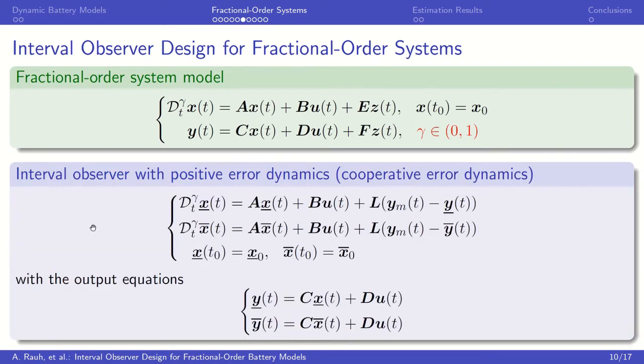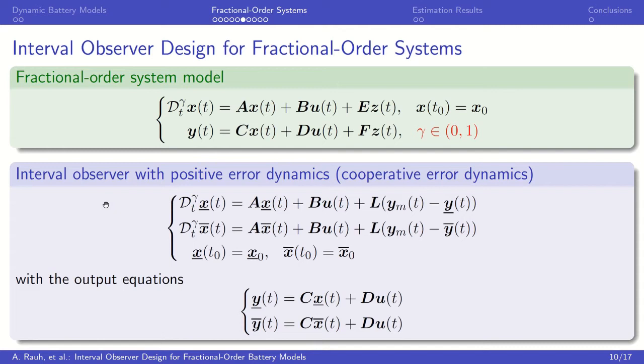However, this classical observer does not directly allow for taking into account worst-case influence of uncertainty in the corresponding measured system output, and it also does not allow for directly accounting for bounded uncertainty in the system matrices A and B. For that purpose, we can try to employ an interval observer with a positive dynamics.